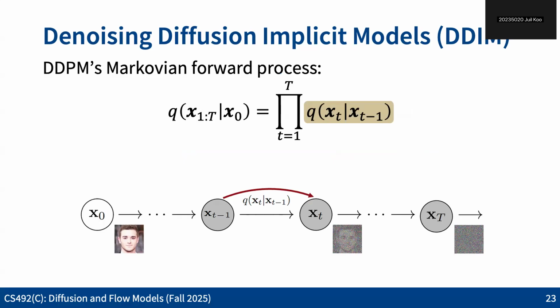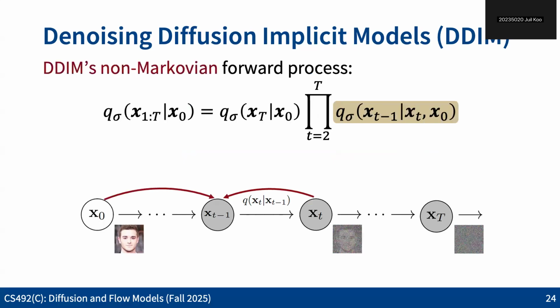But instead of doing this, now these two are what we need, and based on that, if we want to sample the xt, we are going to jump all the way from the x0 to the x capital T, and then go backward. So if you have the x0 and the x capital T, based on this, you can sample x capital T minus 1, then x capital T minus 2, all the way to the xt.